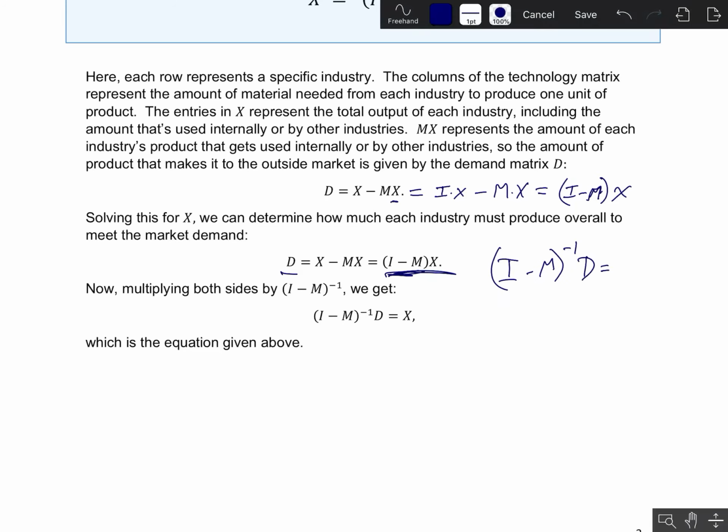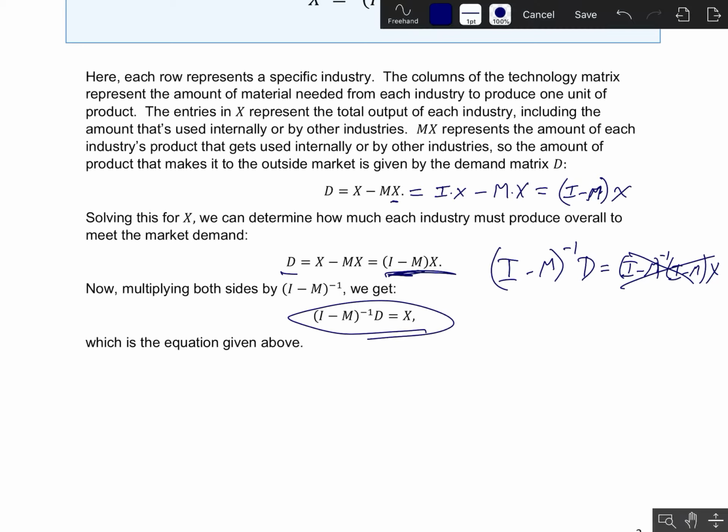So we would get I minus M inverse times D is equal to I minus M inverse times I minus M X. And I minus M inverse times I minus M, these will cancel to just be the identity matrix by the properties of inverses. So this right side would just be IX, which is just X.